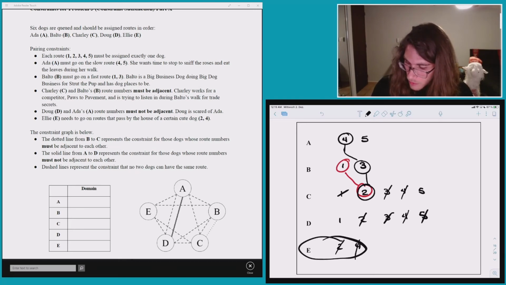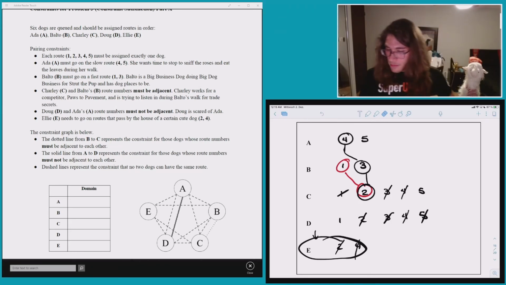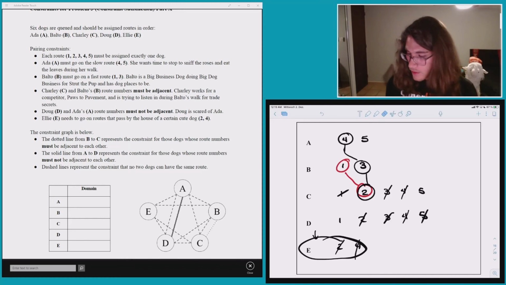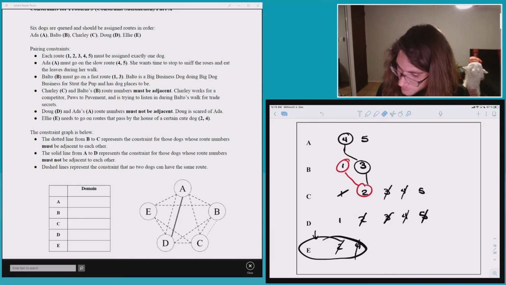Ellie has an empty domain, so I actually backtrack before making this assignment. Making that assignment would be incorrect because I have an empty domain here, and that means I have to backtrack on the spot. So the moment I had that empty domain, I had to throw everything out the window, backtrack. Let me color it in red.